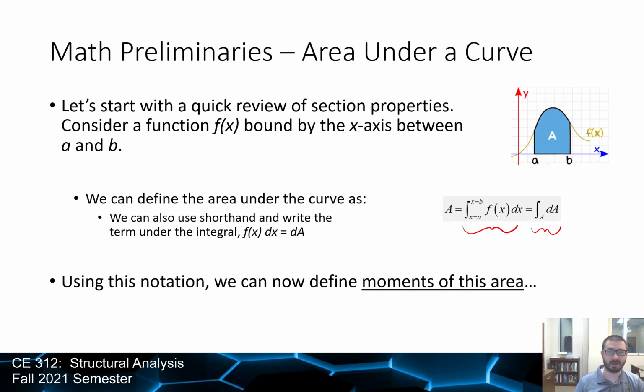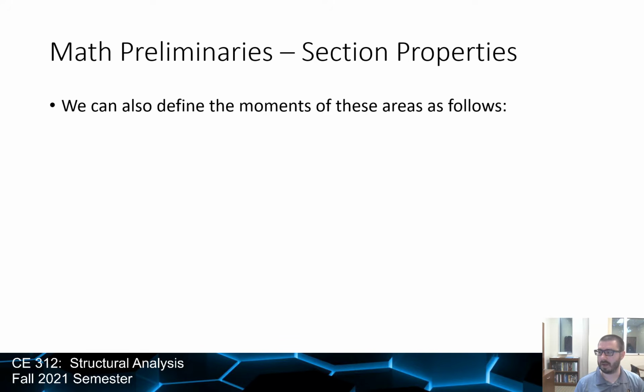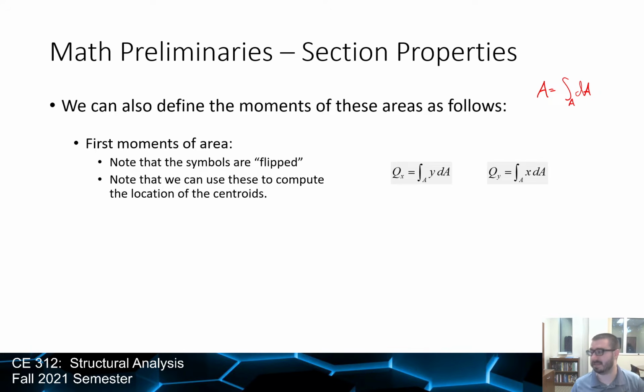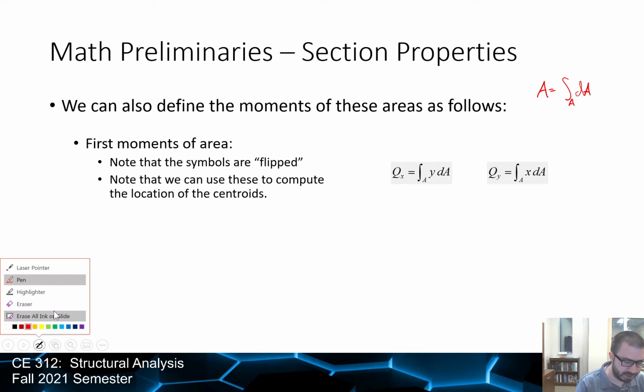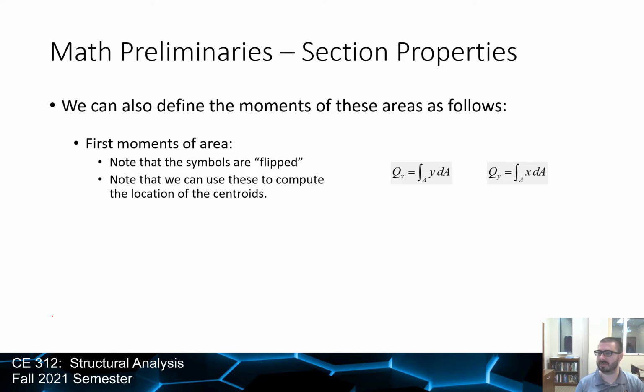Using this notation, what we can do now is define what are called moments of this area. The idea is that if the area is the integral of just dA, the first moment of area might be the integral of x dA or the integral of y dA. Those would be what we call moments of area. One of the things you'll notice is that the symbols are flipped. For instance, qx is the integral of y dA.